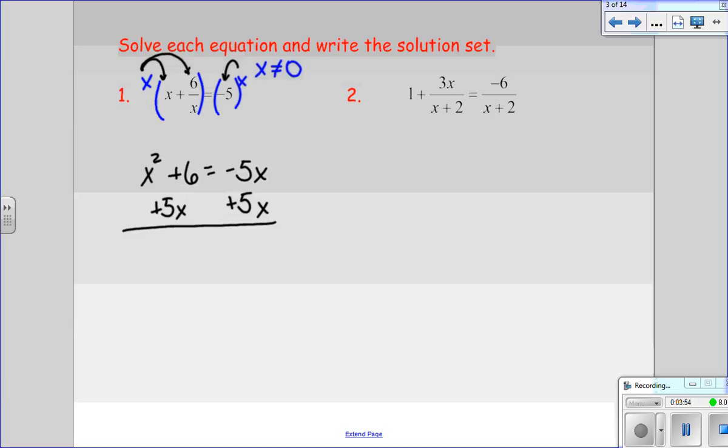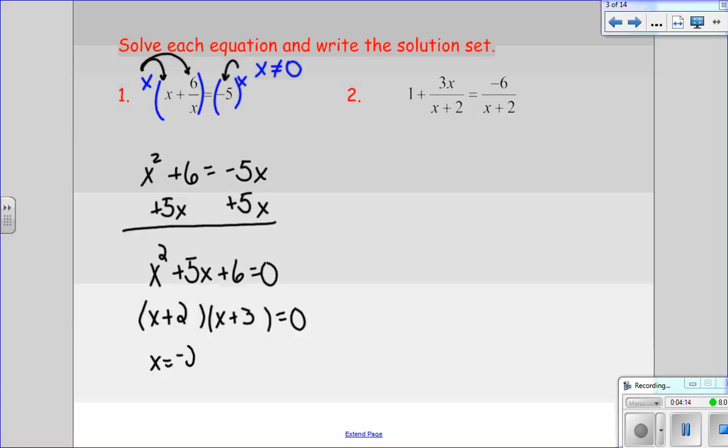Write it in descending order. x squared plus 5x plus 6 equals 0. And now we want to factor and use the principle of zero product. So if we factor this trinomial, we get x plus 2 and x plus 3. And so our solutions have to be negative 2, because that would make 0 in the binomial, and our other solution must be negative 3.